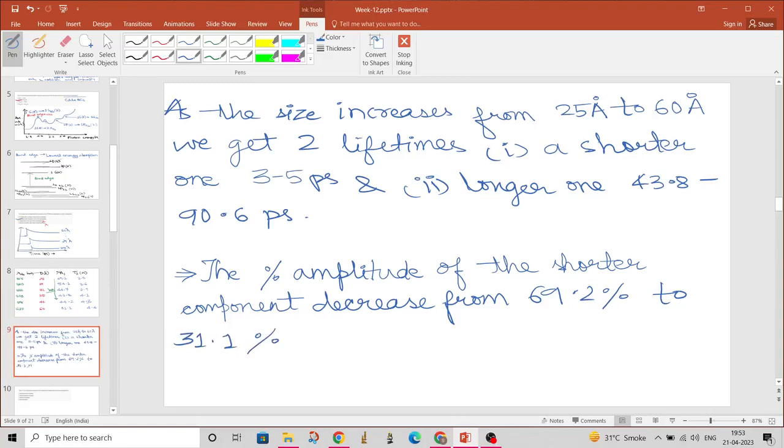Amplitude of the shorter component decreases, which means that the amplitude of the longer component increases.